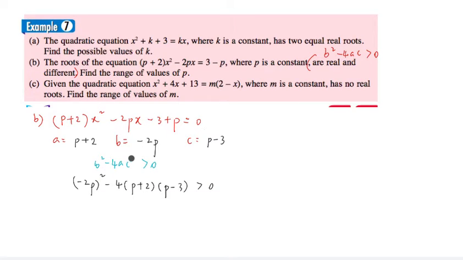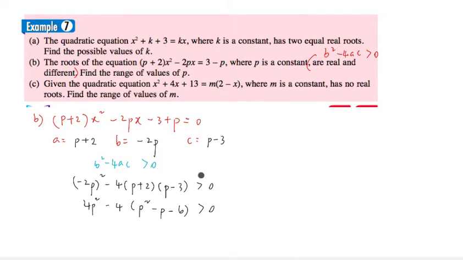Then we simplify it. This one you multiply. 2 squared gives 4p squared, minus 4 multiply first. P times p gives p squared. In front, p and p. This one negative 3p plus 2p gives negative p, plus minus 3 times 2 gives minus 6.